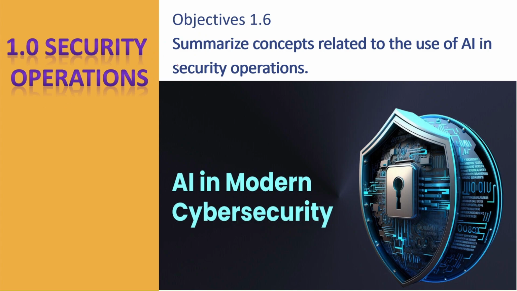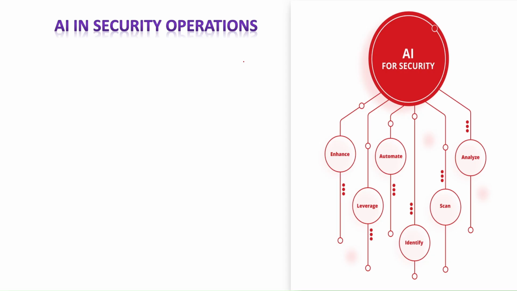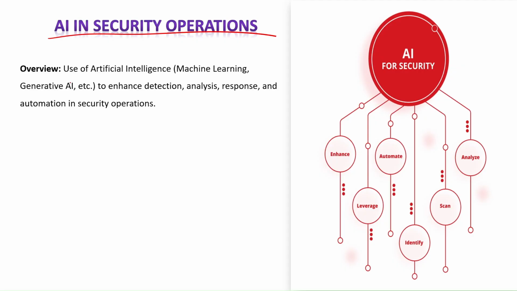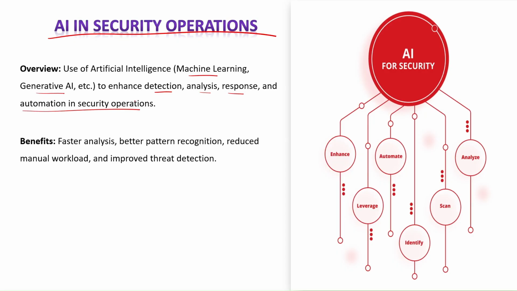Our last objective of Domain 1, objective 1.6, is to summarize concepts related to the use of AI in security operations. AI in security operations is the use of artificial intelligence, that is machine learning, generative AI, etc., to enhance detection, analysis, response, and automation in security operations.